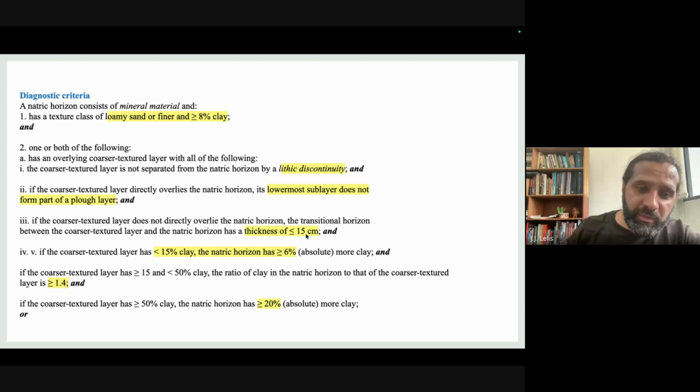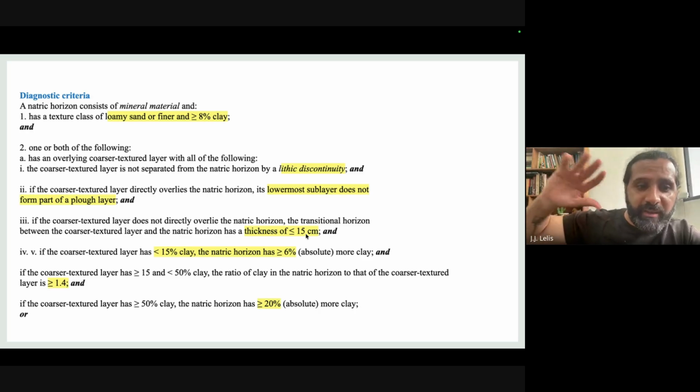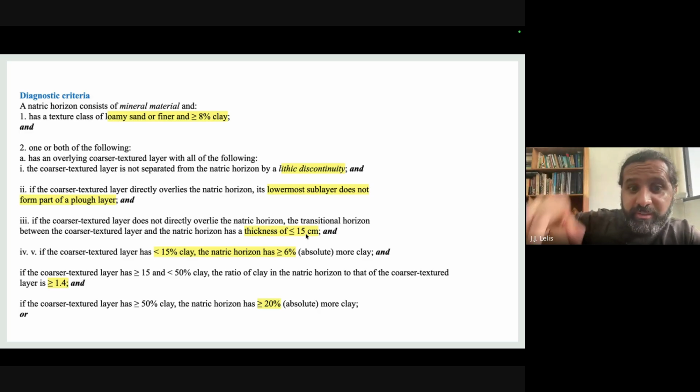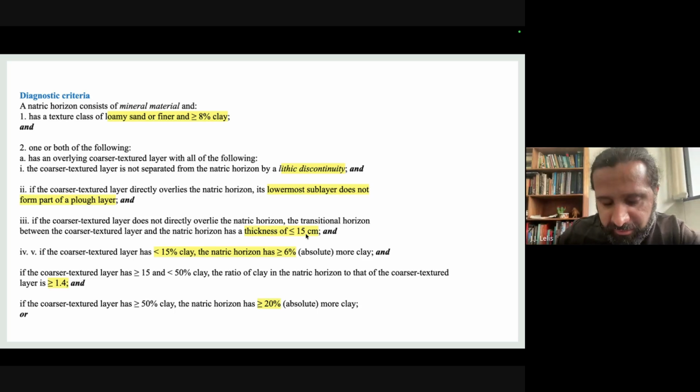Okay, so if I register the nitric horizon and something overlying it that registers a coarser layer, the distance between them should be equal to or less than 15 centimeters. You don't need to memorize, but you need to remember that in Soil Taxonomy, this thickness could be 15 or 30 centimeters, according to the Argillic and Kandic horizons. So here we just have 15 centimeters.